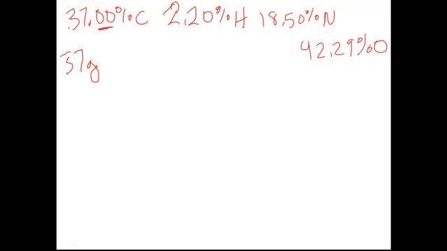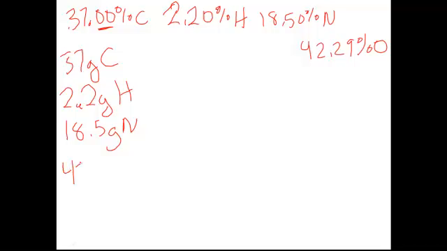So 37 grams of carbon, 2.2 grams of hydrogen, 18.5 grams of nitrogen, and 42.29 grams of oxygen. So there's our percent to mass.